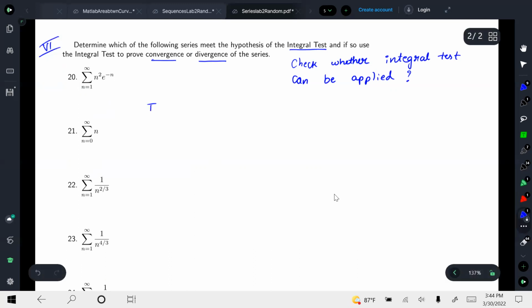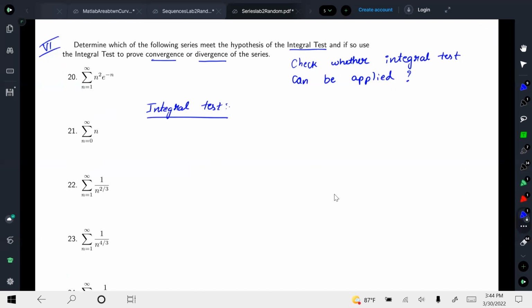Now, about the integral test. You might have studied this in your lecture notes, but still. Whenever you want to apply the integral test, you have 3 conditions. If you write the series in terms of a function, then it has to be positive. The function has to be continuous.